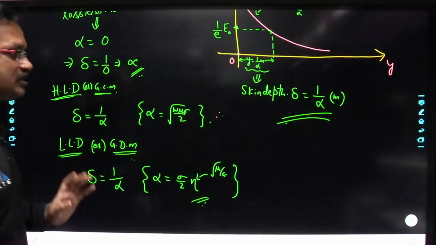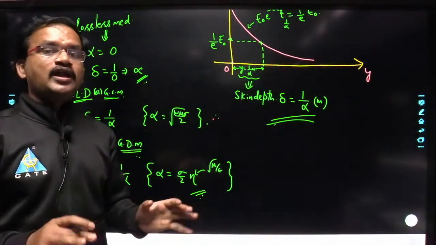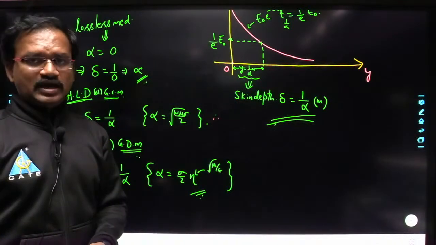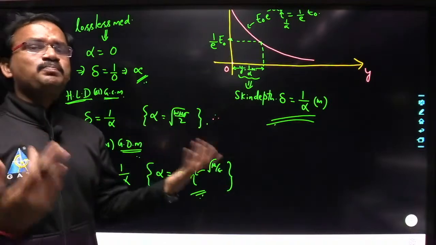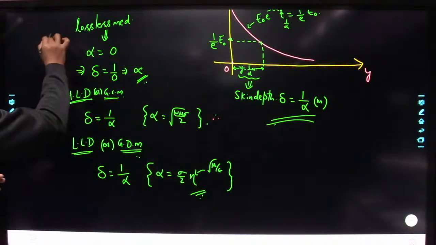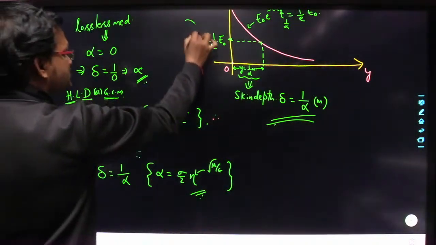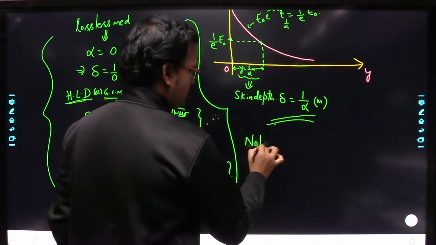Right. Suppose in the problems they have not given any clue in order to determine the nature of the medium, and they are simply asking to determine the skin depth. Okay. Then in that case, if they have not mentioned anything, so note, you can make a note here.